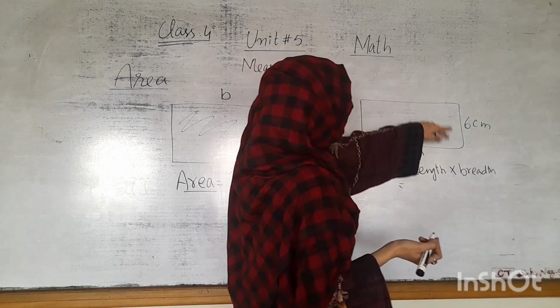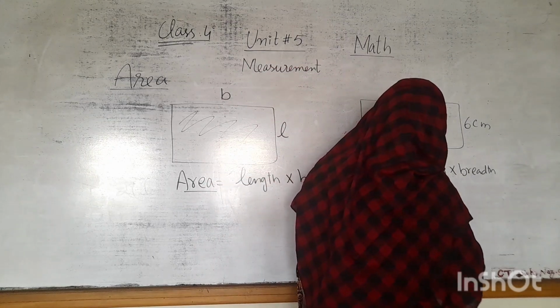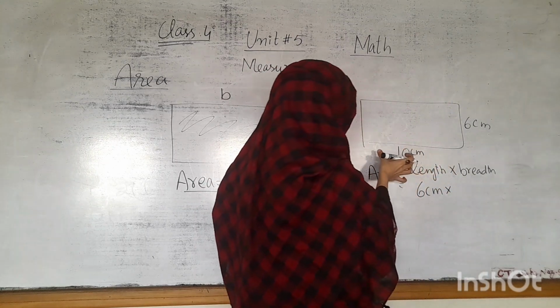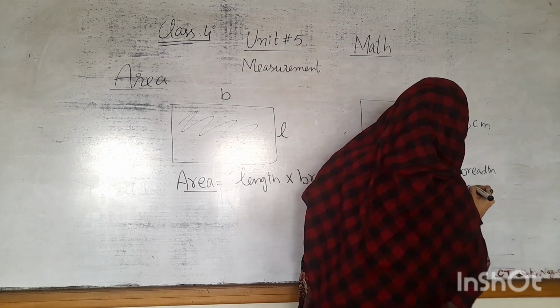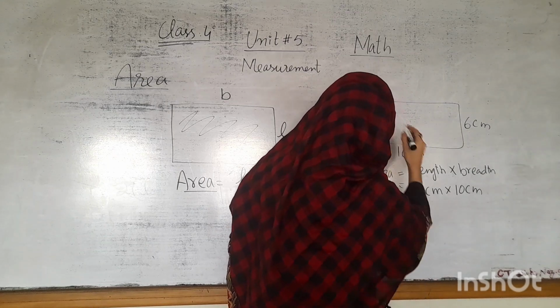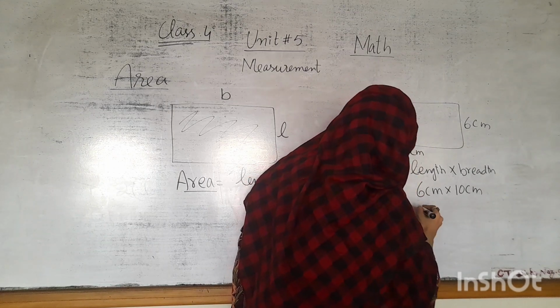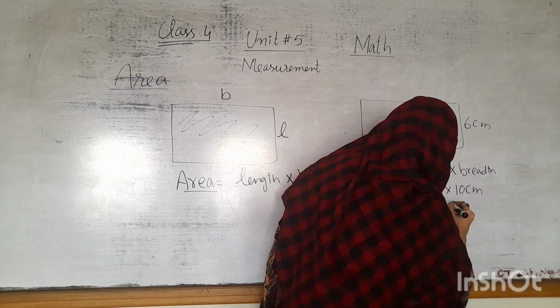So what is the length in this rectangle? Good, 6 cm. And what is the breadth in this rectangle? 10 cm. So the area of this rectangle is 60 centimeter squares.